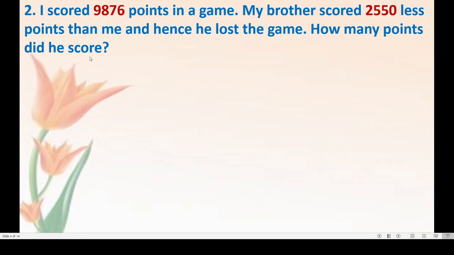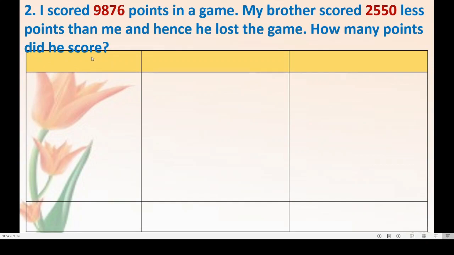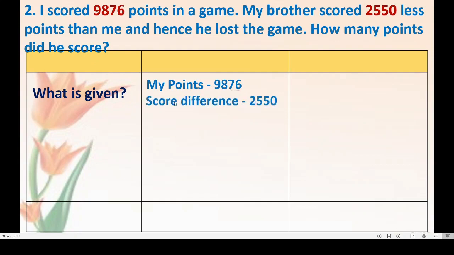Okay, now we will frame a table. Here what is given? My points, correct? That is 9,876 and score difference between me and my brother is 2,550, isn't it?